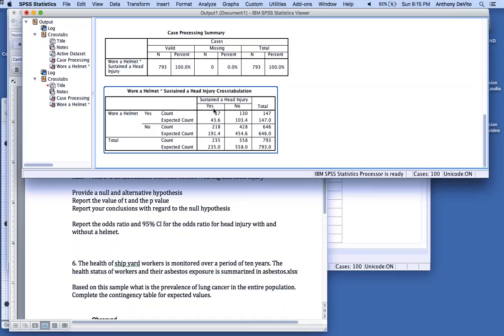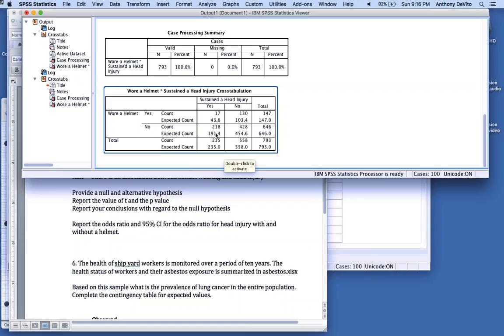Among helmet wearers, the observed values were far fewer than what we would have expected in 147 accidents. In the meantime, the people that didn't wear helmets experienced more injuries than we would have expected.